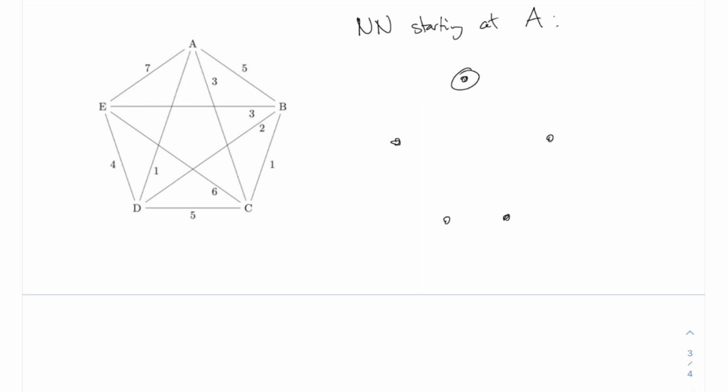Starting up here, you start at A, you have 4 choices, right? The 7, the 1, the 3, or the 5. I better pick the 1 because you want to do the cheapest edge every time. So I'm going to start by going down here. That was a 1. Going down to D, right?